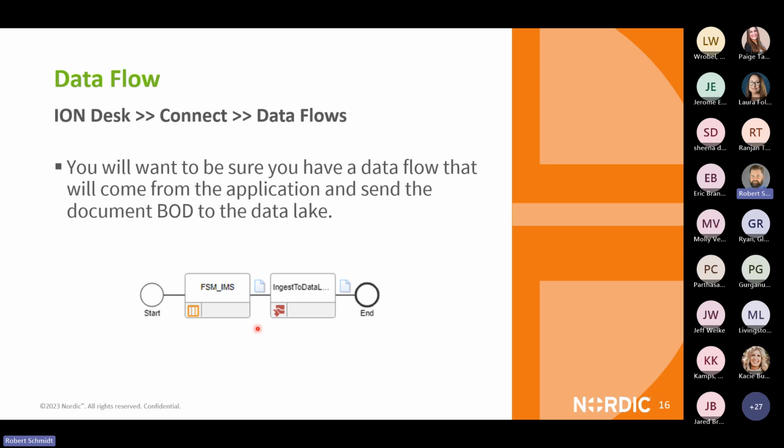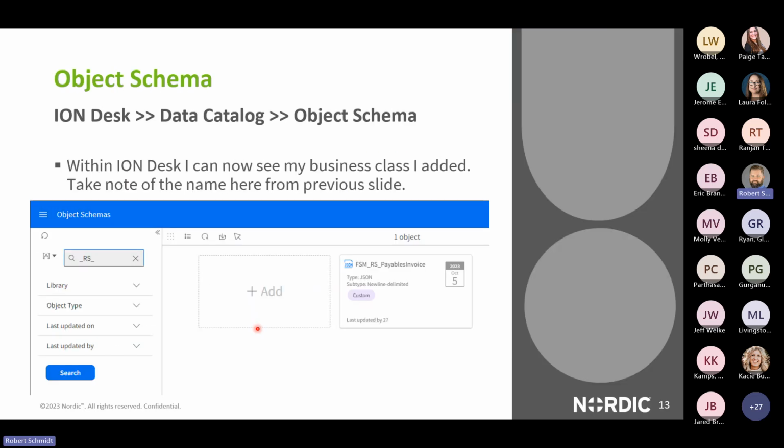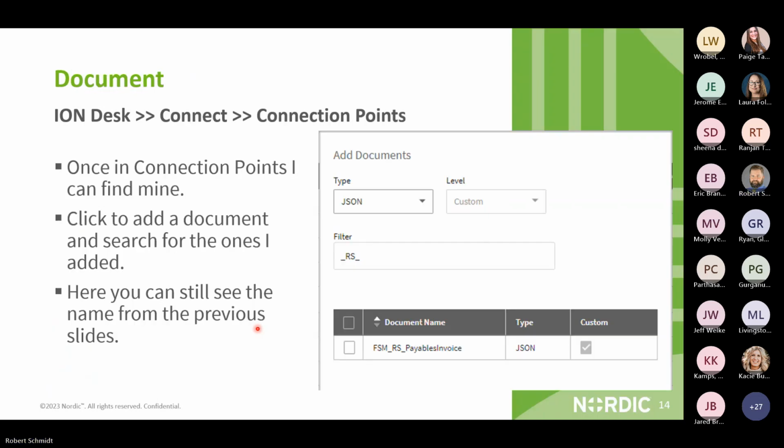And you made a valid point here. I just want to take a quick step back. We've gone into this Ion side, and we're looking at this object schema and the connection point. And obviously, for presentation purposes, I added one business class, right? It is not uncommon for you to have 10 plus business classes. So looking at the object schema, coming across into the connection point, you're going to be validating and adding each of those replicant name pieces, each of those objects, into this.